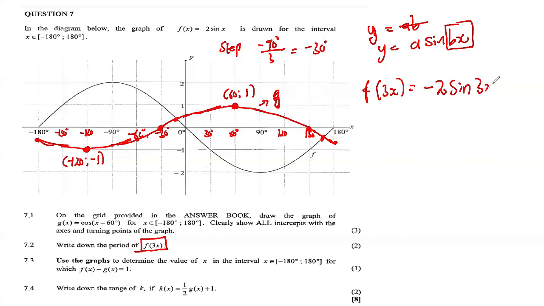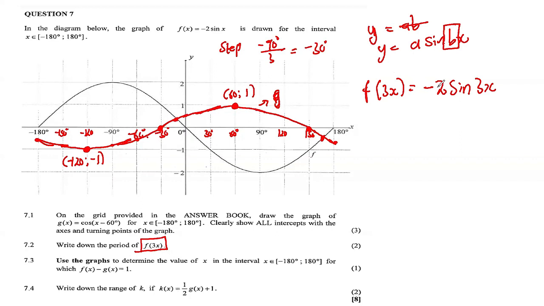So if you are now replacing the x by 3x, that means now the new function is negative 2 sine 3x. Now we want to know what is the period, but then you will remember that we mentioned that the period is affected by this number here. It is affected by this b here, right? So if we want to know about the period, we simply look at this number here.